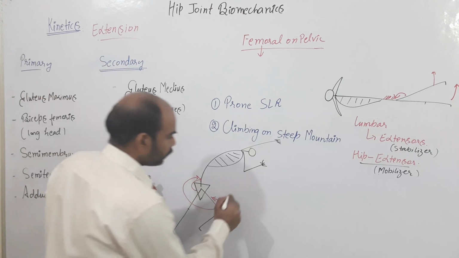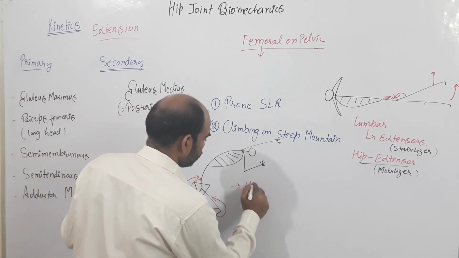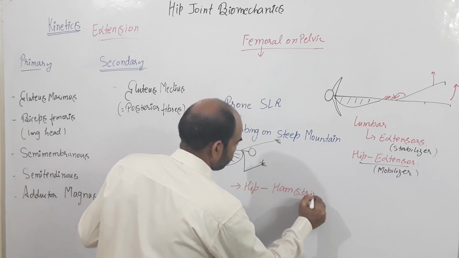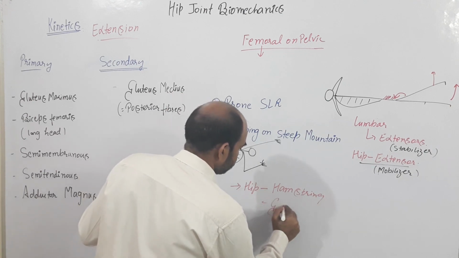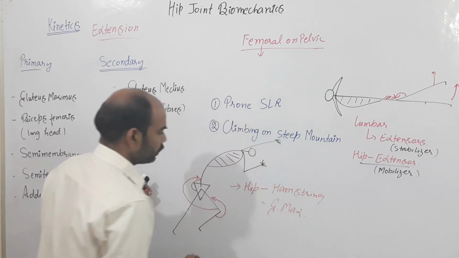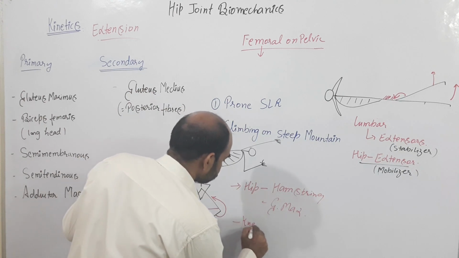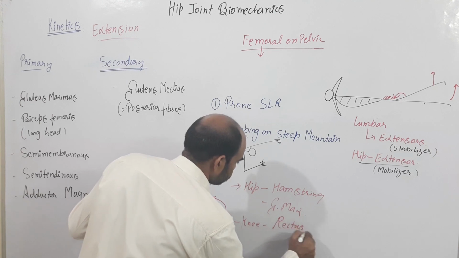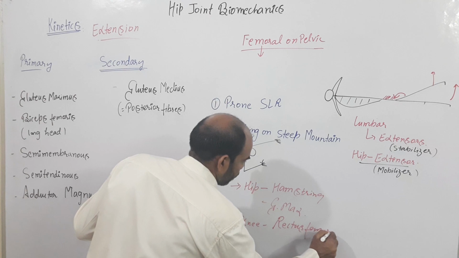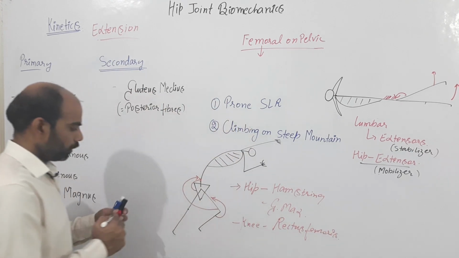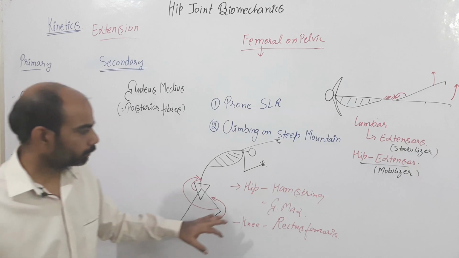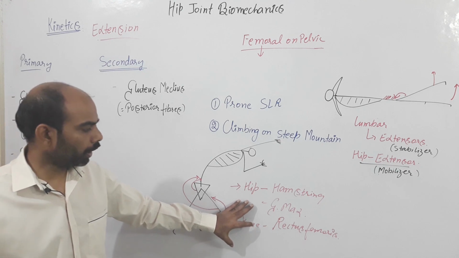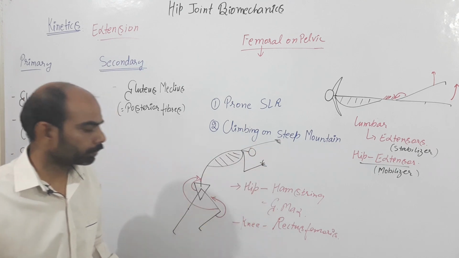So there is activation of both the hamstrings and gluteus maximus at the hip joint, and the rectus femoris at the knee joint. This is the muscular activity during climbing a steep mountain.